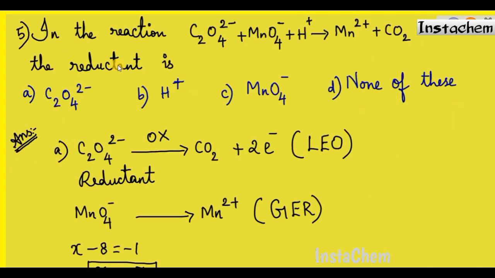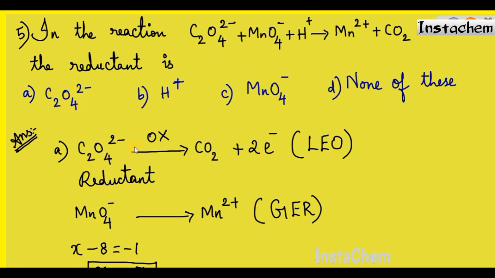Now let's talk about the next one. In the reaction C2O4 2- plus MnO4- plus H+ gives Mn2+ and CO2, the reductant is, it is very easy to find. You know very well what a reductant is. The chemical substance which undergoes oxidation is known as the reductant. Just now we discussed. So let's take C2O4 2-.